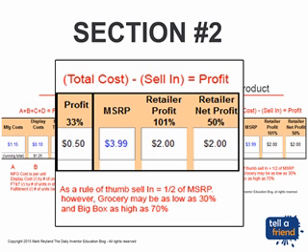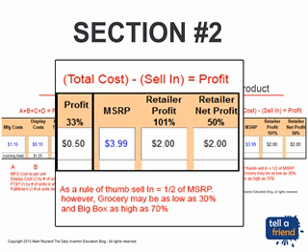So we conduct a market audit, and we find in this example that the average MSRP for like products or comparables is $3.99. That's awesome. $3.99 is what we know the consumer is willing to pay. The profit, that's the money in our pocket. I'll show you how we calculate that in just a second.